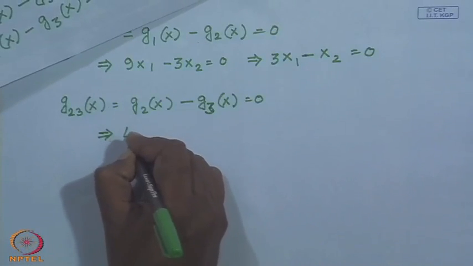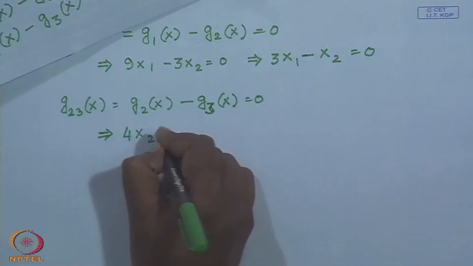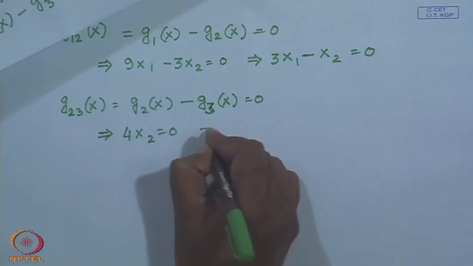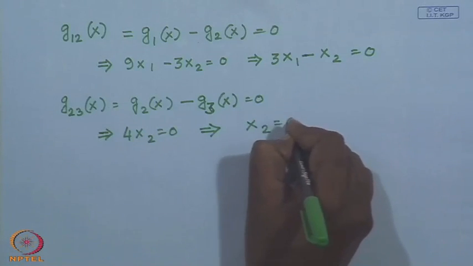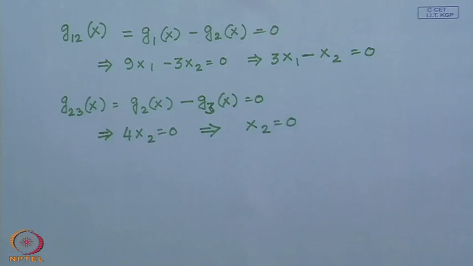That gives me x2 equal to 0, which is nothing but the x1 axis.